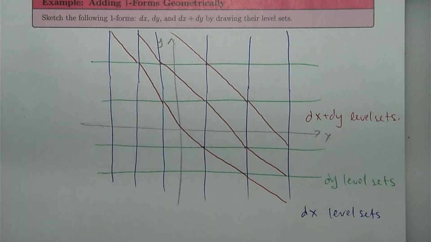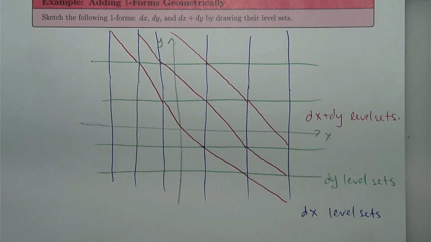So what I want to point out is that these are vectors. The way we add them is somewhat non-obvious, but it's easy enough to calculate.